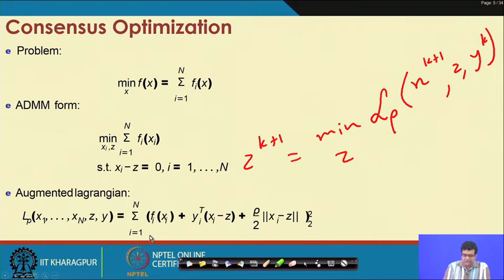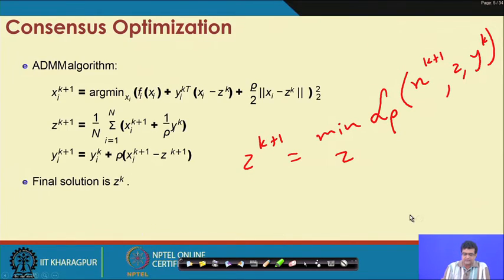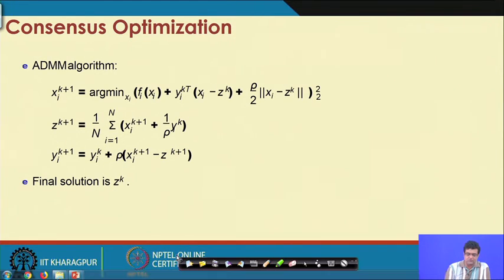If you minimize it like this with respect to z, you can see that it will just be this squared error, and this will be minimized when you just set z to be equal to this value. You can check this just by differentiating and equating it to 0. And y update is of course like this.